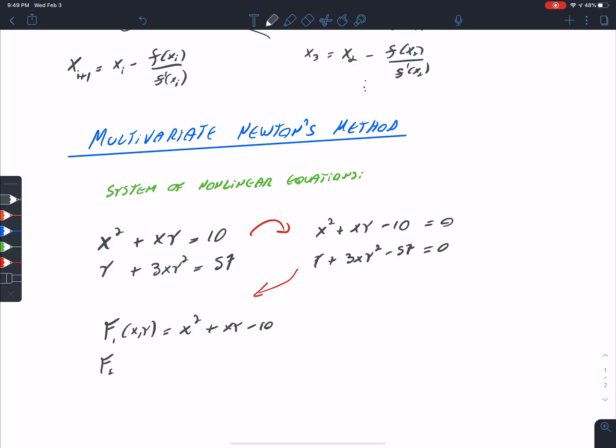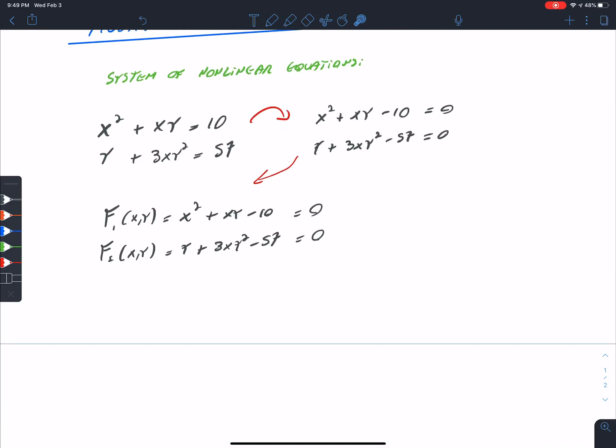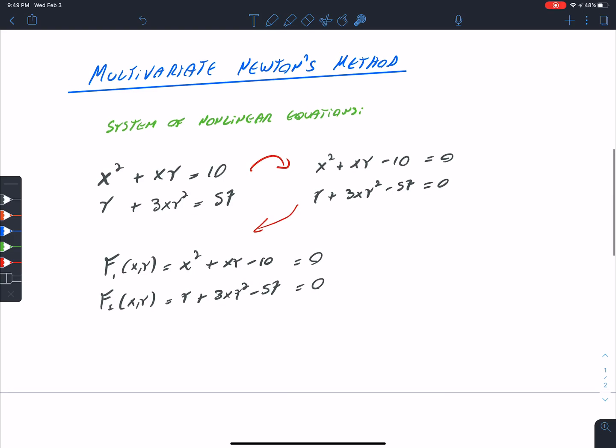And F2 is y plus 3xy squared minus 57. And again, we would like to find the values x and y that make F1 be 0 and F2 be 0 as well. So our whole goal can be stated: find the values of x and y that make function F1 be 0 and function F2 be 0 simultaneously, right? And this is what we mean by the multivariate roots of an equation. So we're going to apply the same technique that we did here.